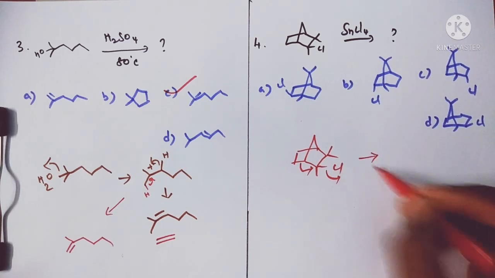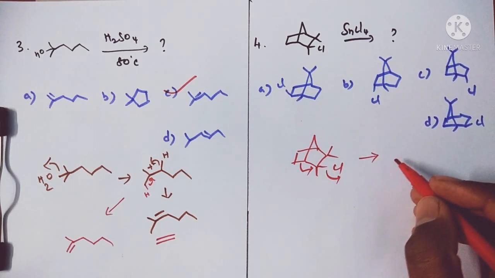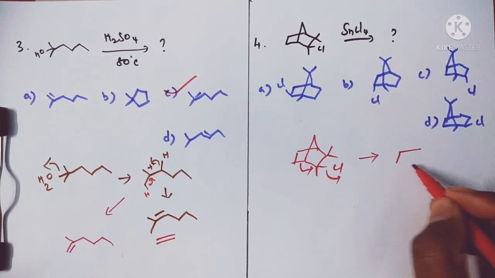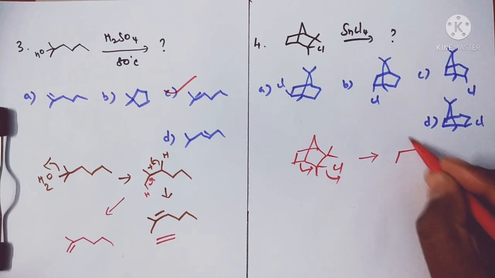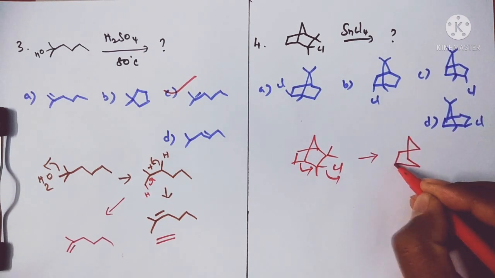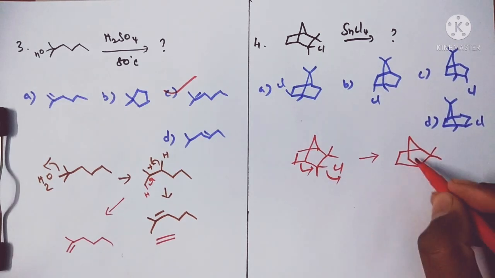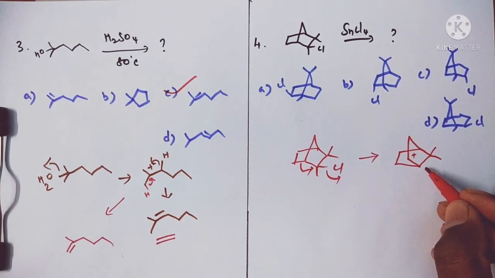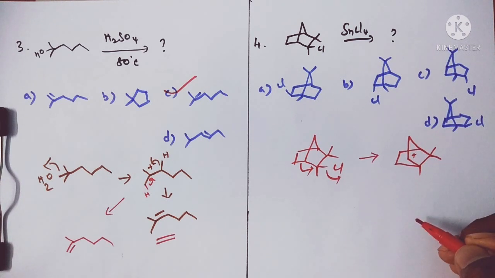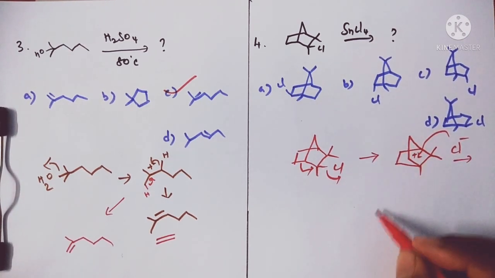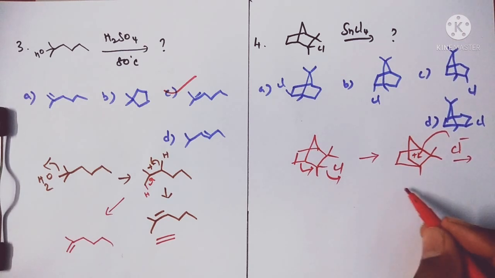So what you will get is here plus methyl. The chloride will attack here. So what is the product?